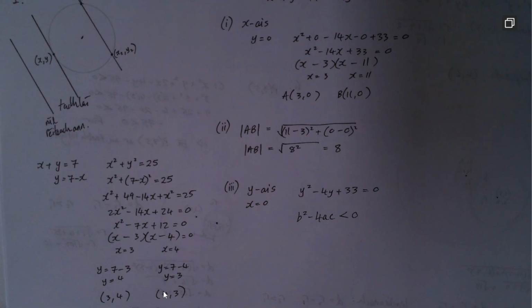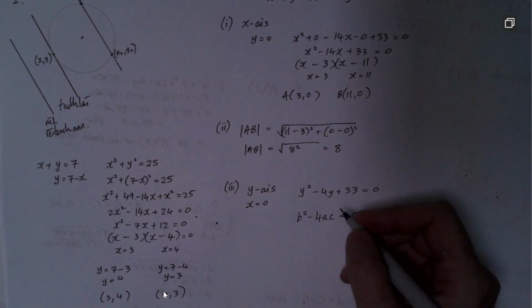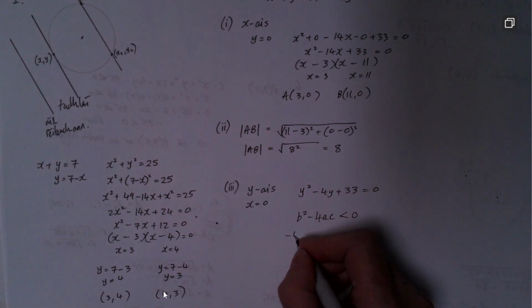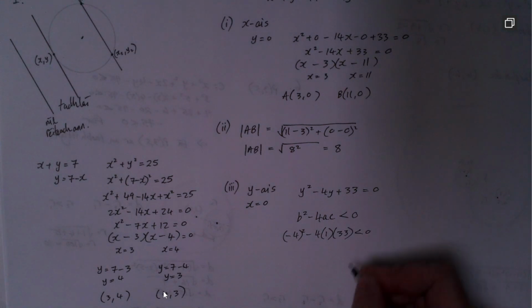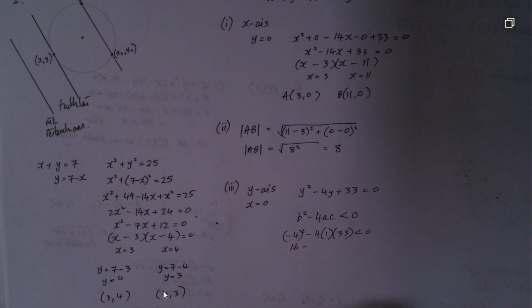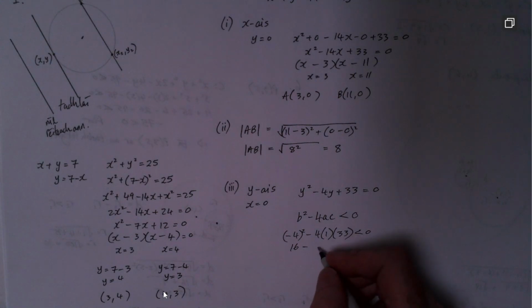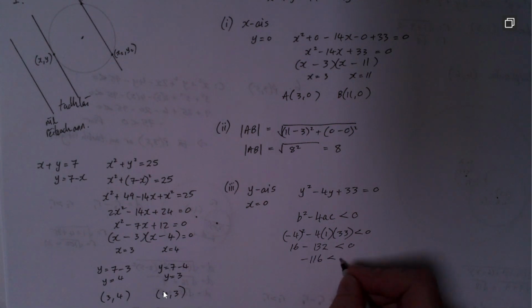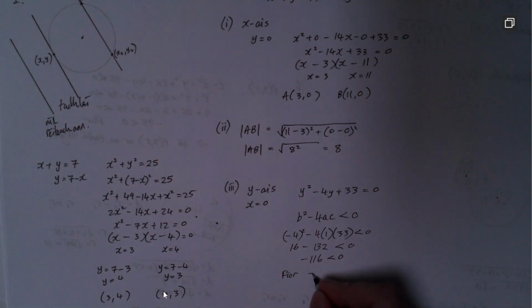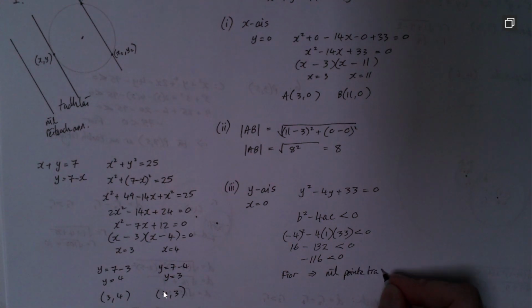So we work out b squared minus 4ac here, with the value 3 substituted in, and it comes out less than 0. So there's no point of intersection. You can select that b squared minus 4ac.